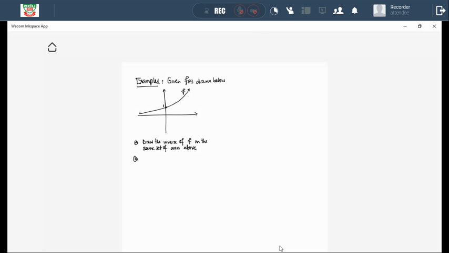Secondly, determine the domain and range of f.